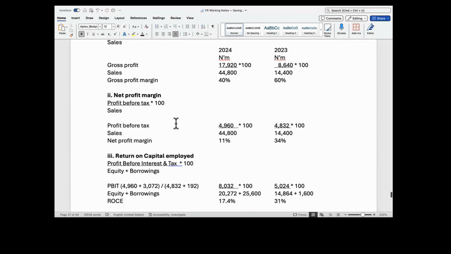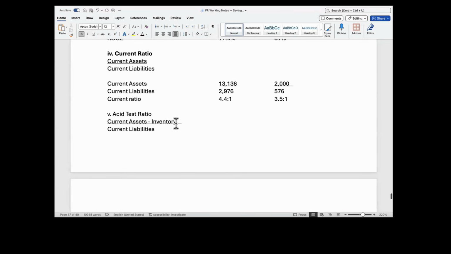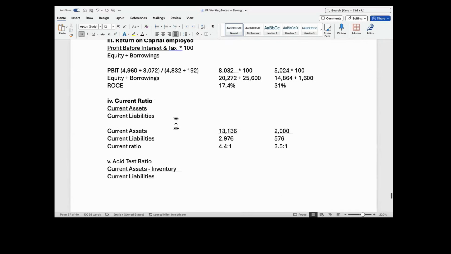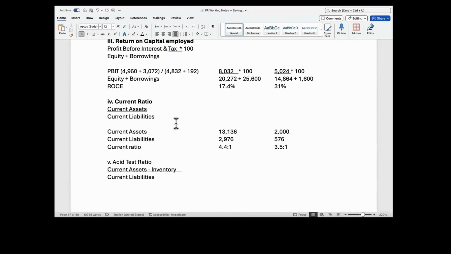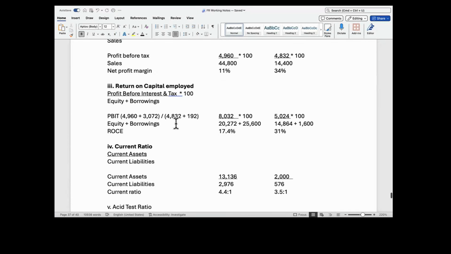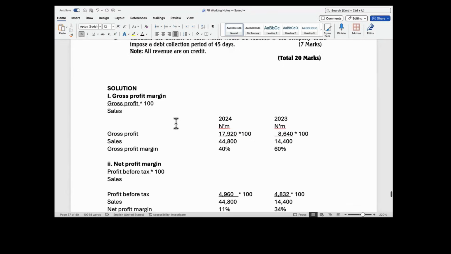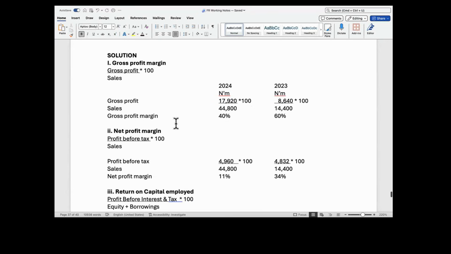If I'm talking about ratios on position, that would basically be liquidity ratios. So they really want me to speak to the 6 ratios that I've computed above. Before I jump into writing anything, I just want to scan through the ratios to have an idea of the direction of these ratios.